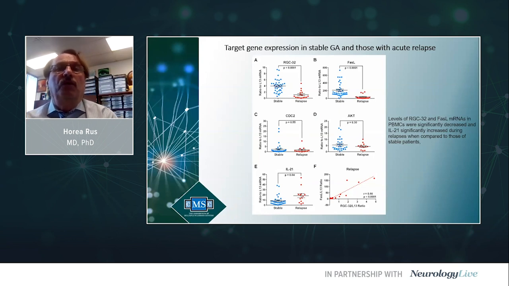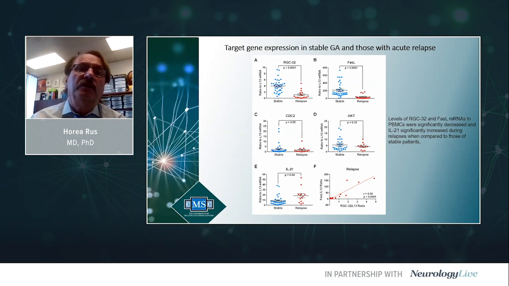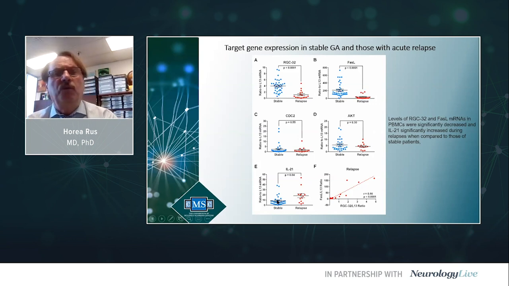These are our results, and they showed that patients who are clinically stable have higher levels of RGC32, higher levels of Fas ligand, and lower levels of IL-21.